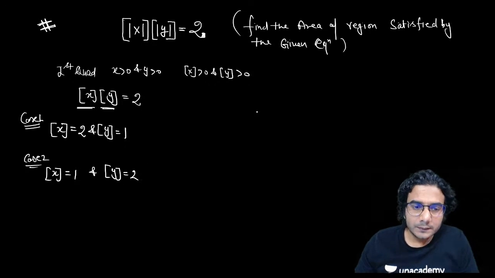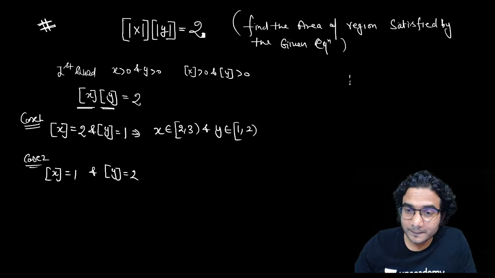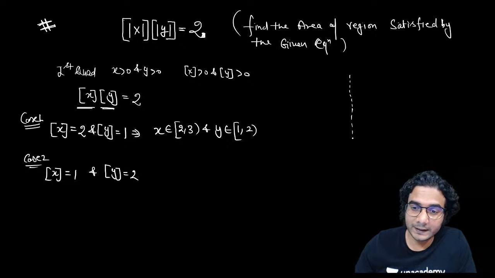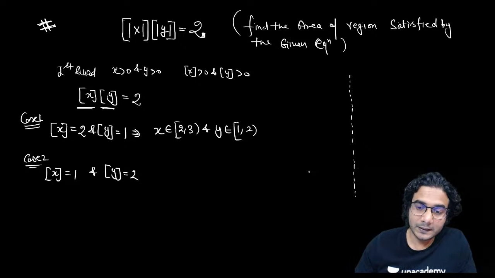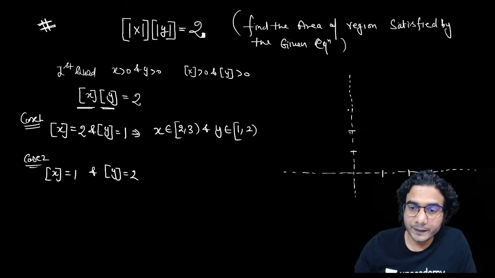Simple. So when greatest integer of x is 2, then x lies between 2 and 3. x can take any value between 2 and 3, and y can take any value between 1 and 2. If you plot the first case, it is going to be a box. In this, x is 1, 2, 3, and y is 1, 2, 3.